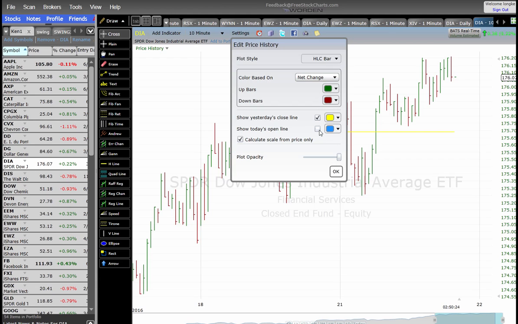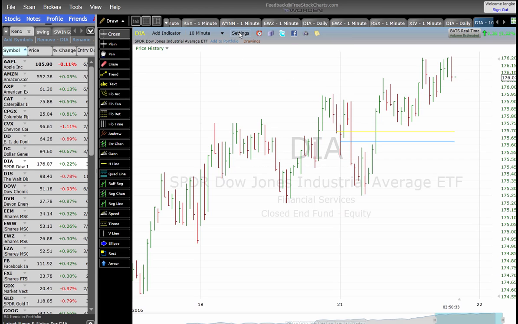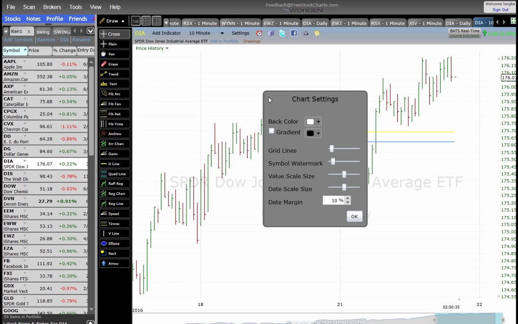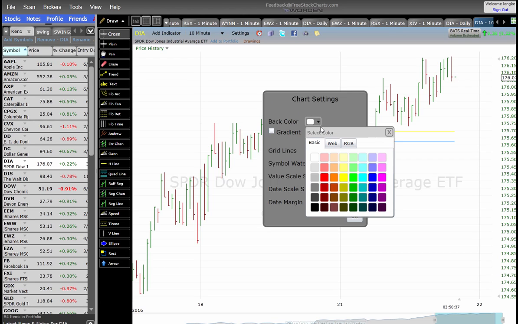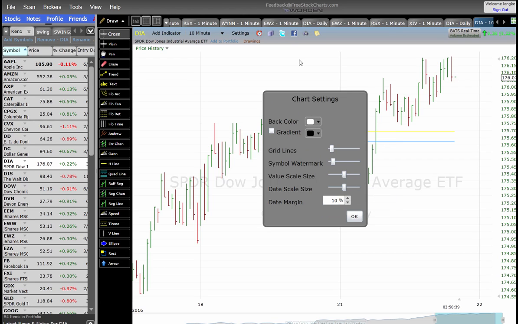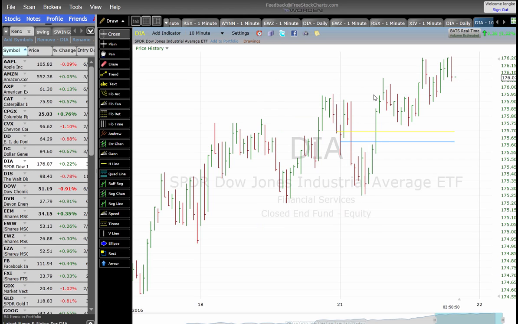I like to show the open and the close line of the day all the time, and I like to use open, high, low, close bars. I like using white on the background. I have a harder time seeing colors on a black screen. The white screen looks like footprints in the snow for me, so I prefer that. And all of these other factors are normal.